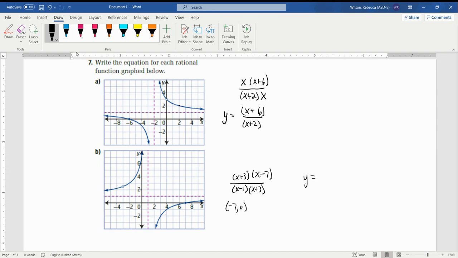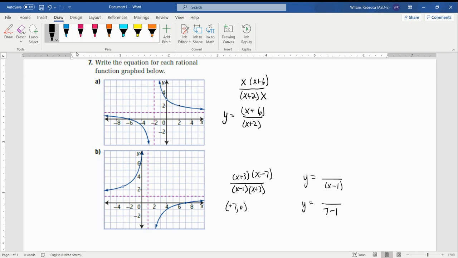So I know that the x plus 3's will cancel from the top and the bottom, which means I'll be left with just x minus 1. I don't know what my numerator is, but I know that when x is +7, sorry, I think I was thinking ahead, when x is +7, I should get a y value of 0.